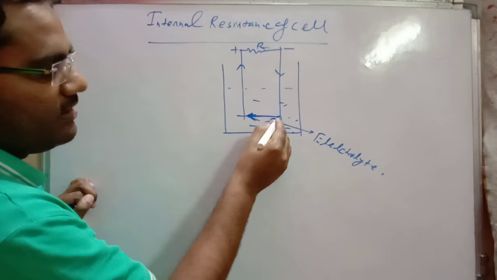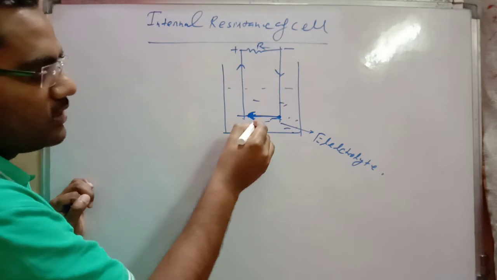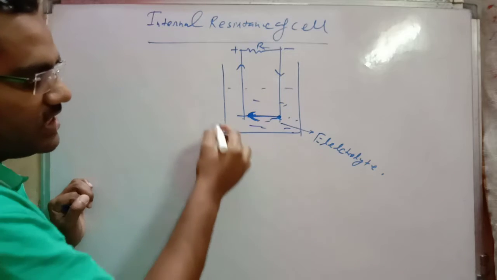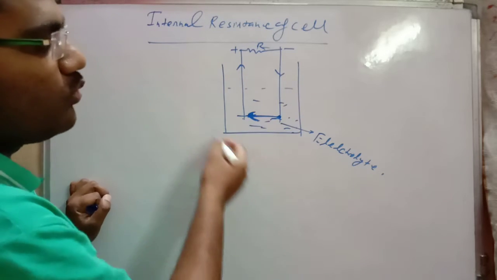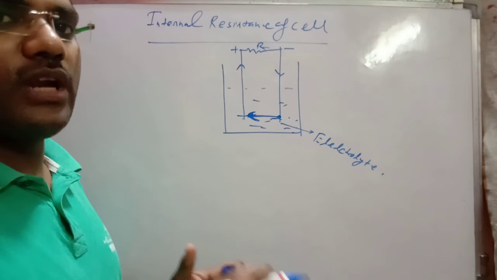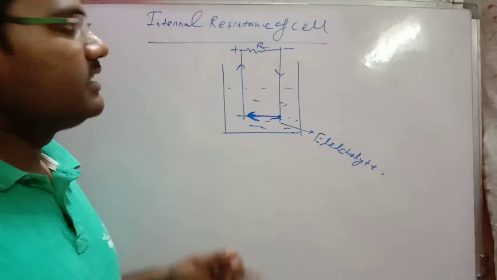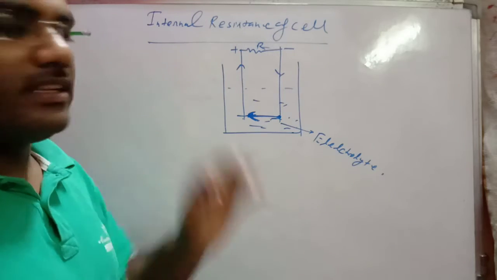When this current flows from negative to positive inside the cell, there is a resistance offered by the electrolytes. That means the opposition offered by electrolytes to the flow of current inside the cell is called internal resistance.